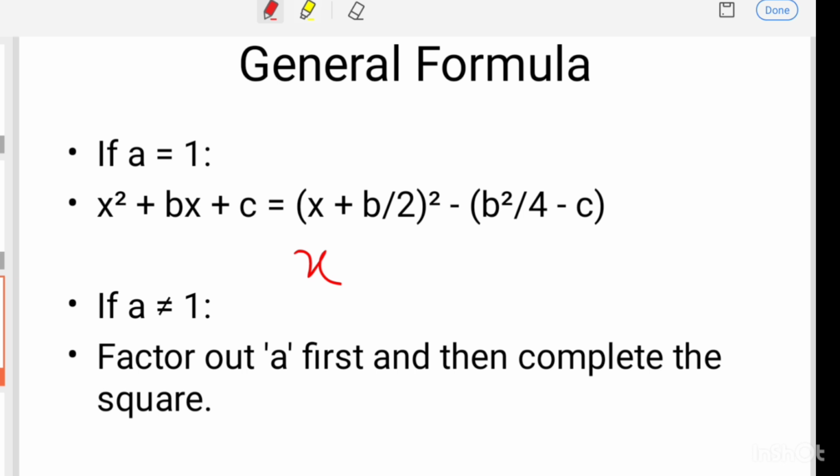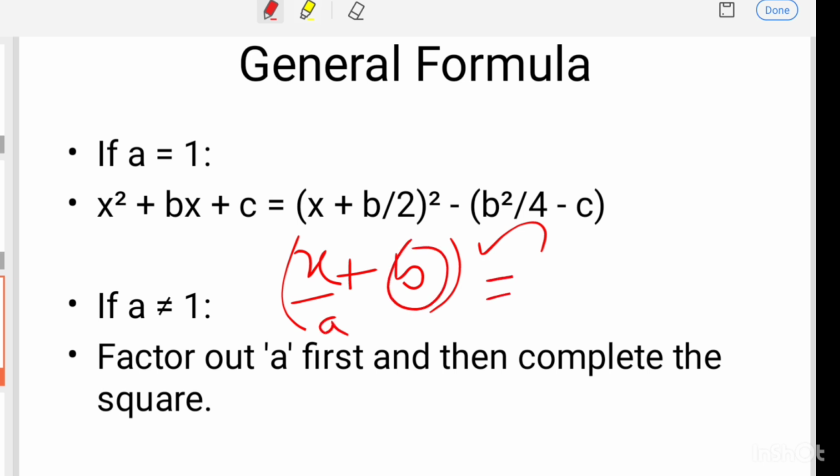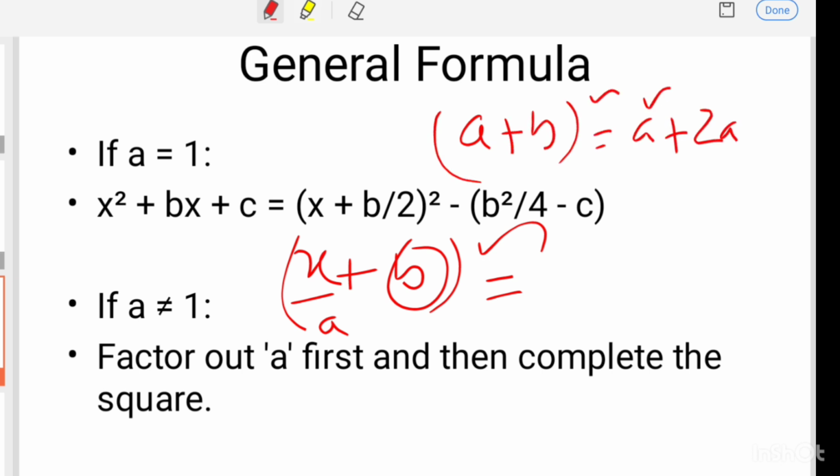By this identity, a plus b whole square: a means x here and b means b. So the a plus b whole square formula is a square plus 2ab plus b square.